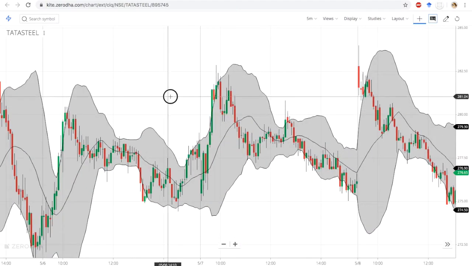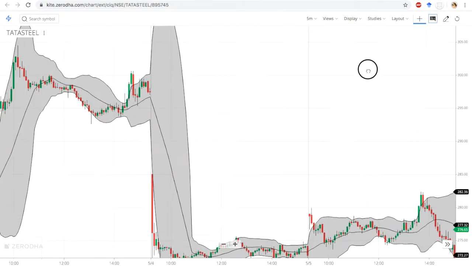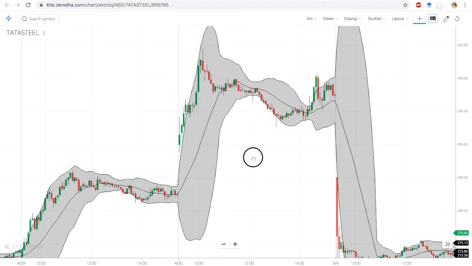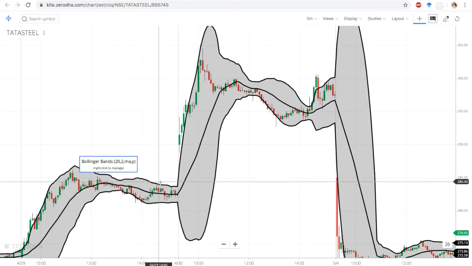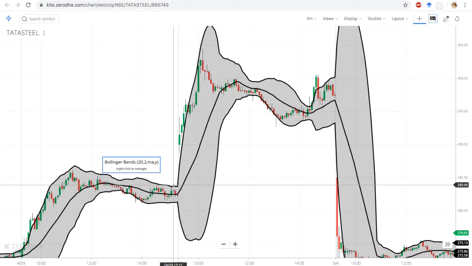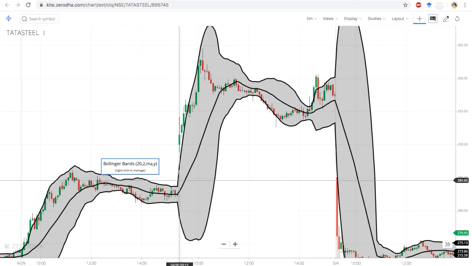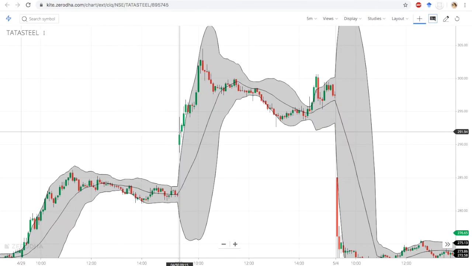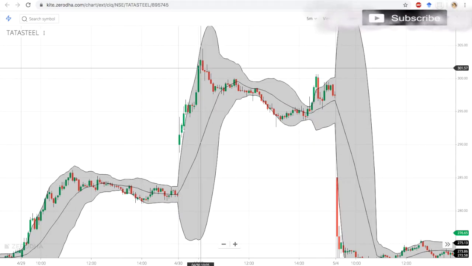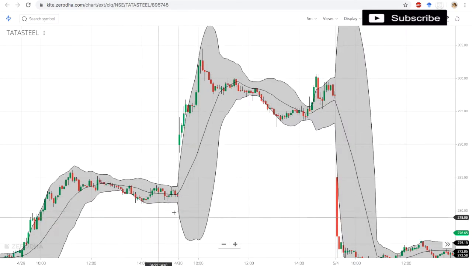Let's see one more example here. The upper and lower Bollinger Bands are close to each other, and then there is a movement in the stock. Now the stock price is above the Bollinger Band and moves up further, which is known as envelope expansion.